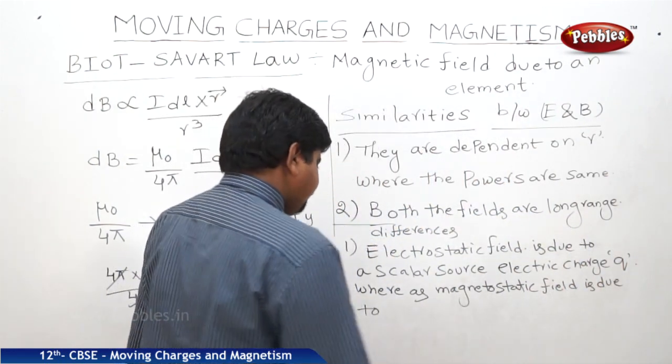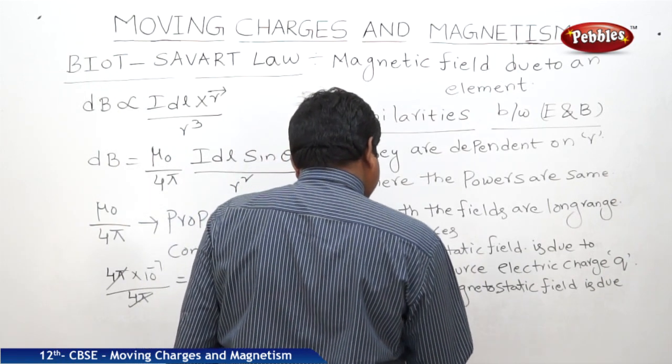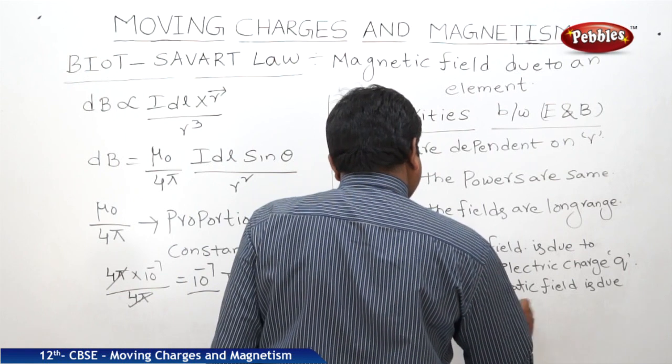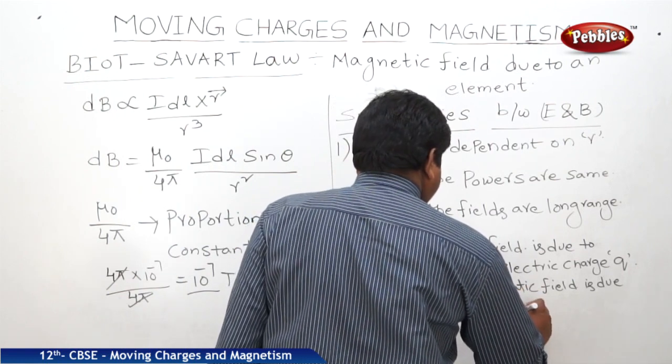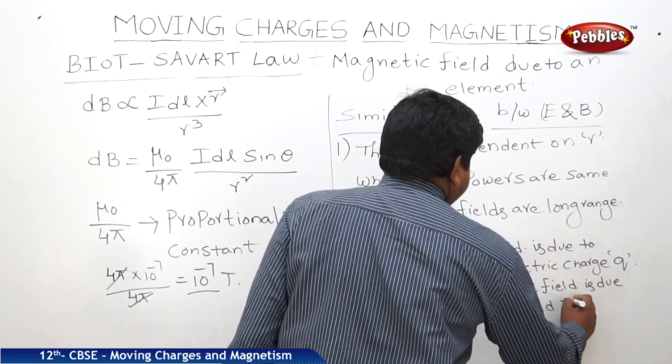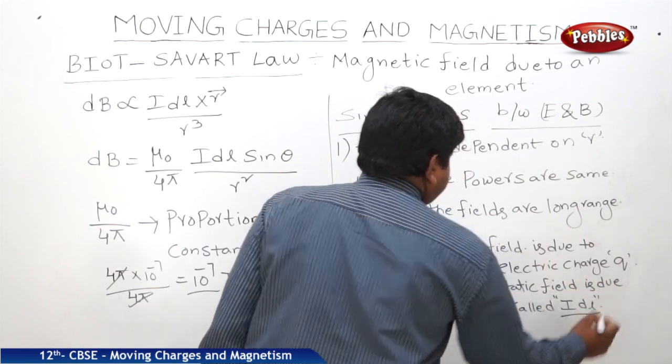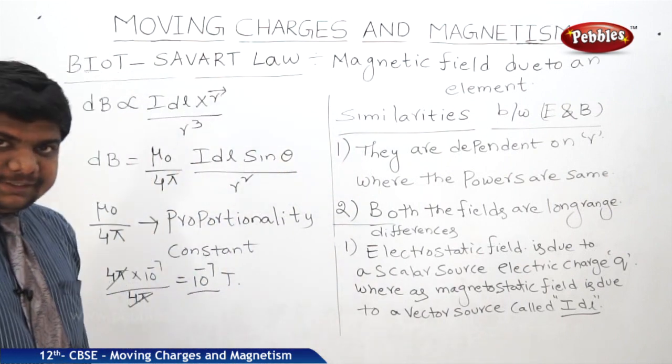Is due to a vector source called IDL. This is one of the differences.